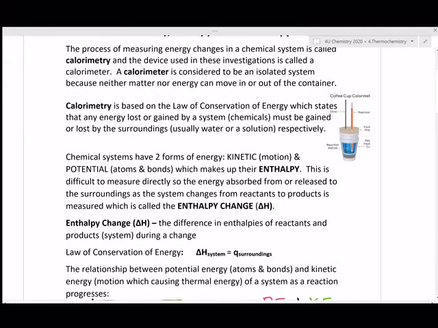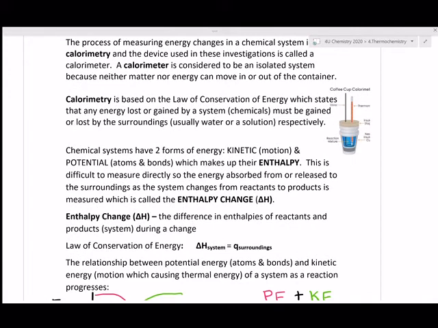All right, so chemical systems, which is really what we're just calling our substance that we're talking about, might be about to undergo a chemical change, or it might be doing a physical change, like a change of state. But either way, the substances are going to have 2 types of energy, which you reviewed yesterday. So kinetic is motion.